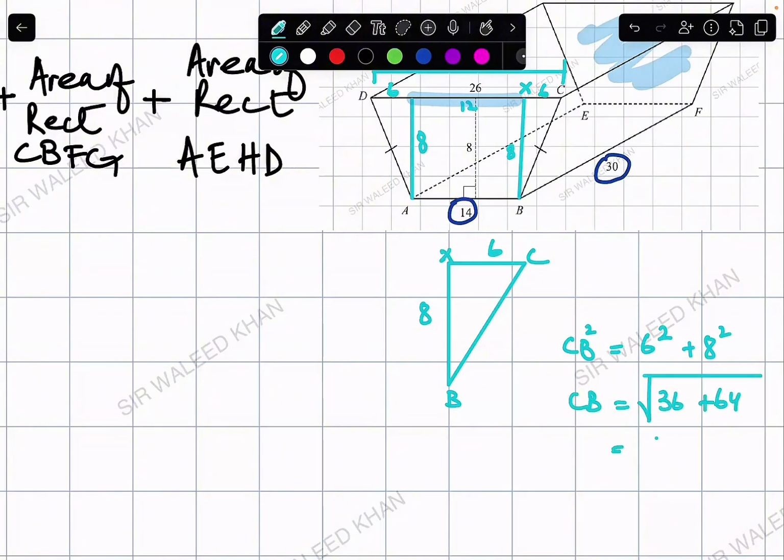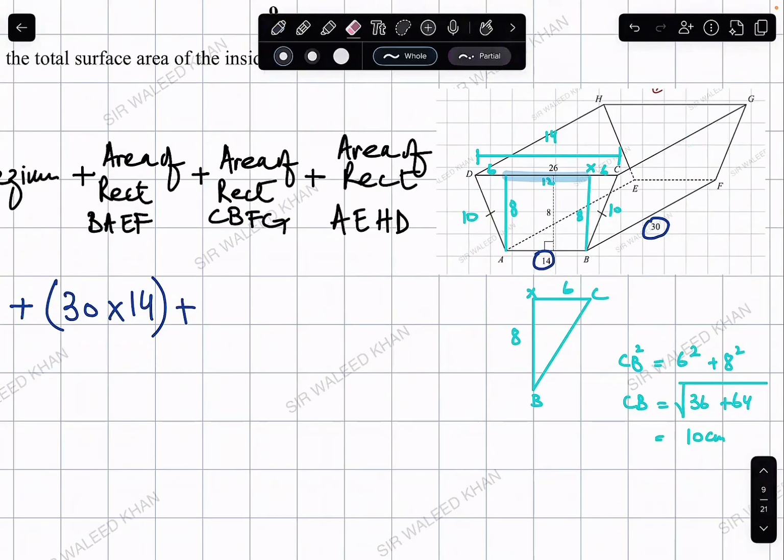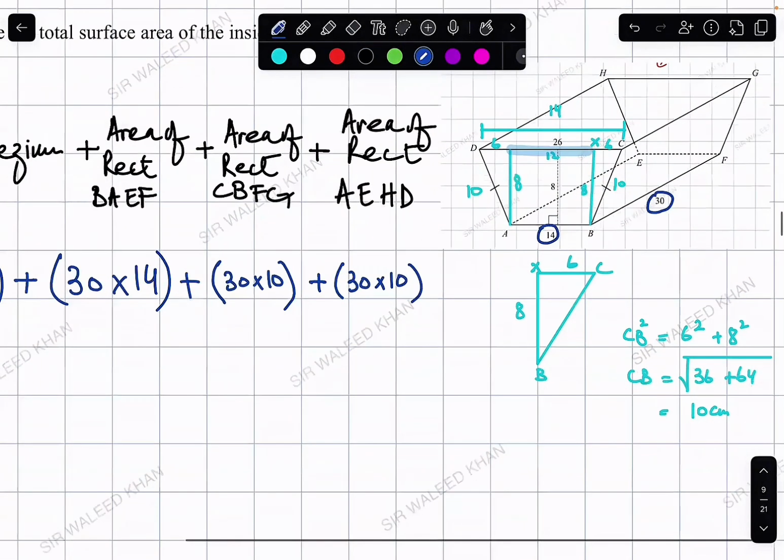So under root of 100, we have 10 centimeters. That means this is 10, this is also 10. Now I can use that for this rectangle over here, 30 by 10. That other one is also the same, 30 by 10.